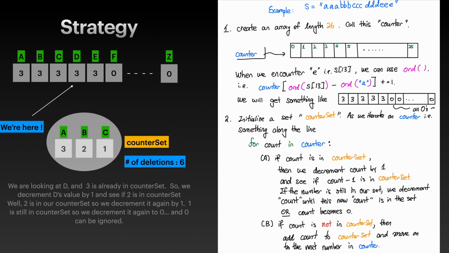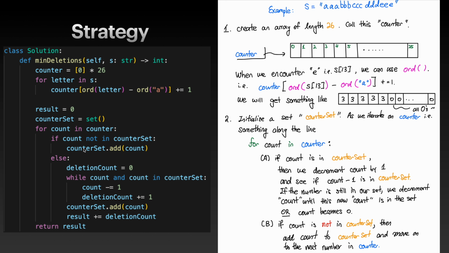If you look at the code, the part where we keep decrementing our counter number is done by an inner while loop, something like this. We initialize our counter array, then we do a linear scan and construct this counter array, and we have a result variable that we will return.